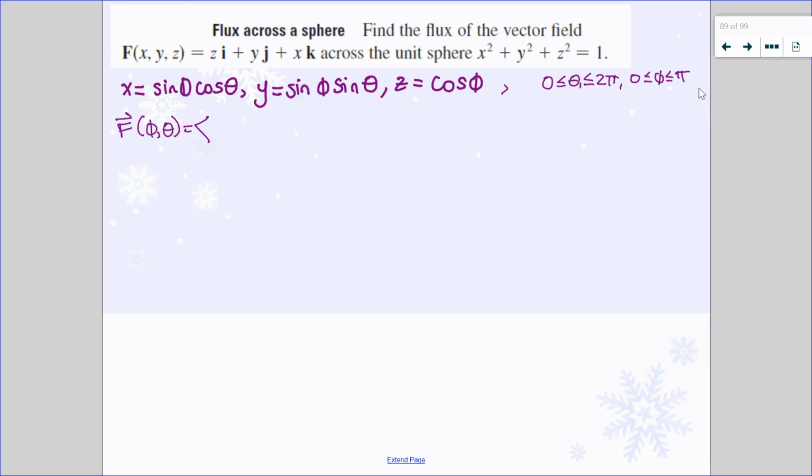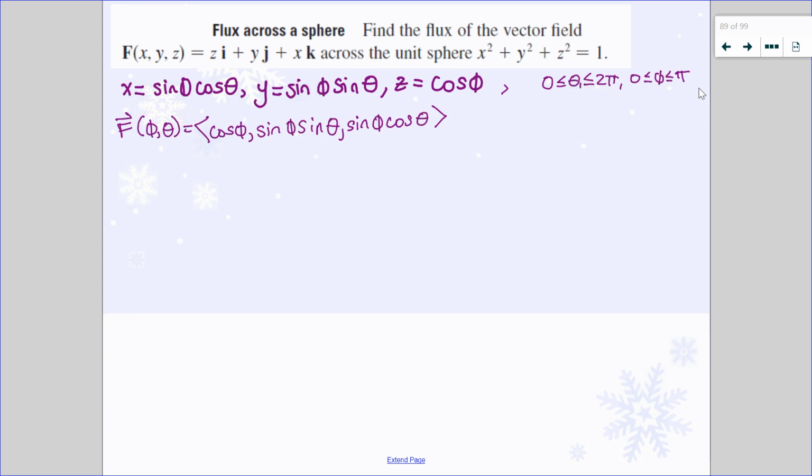So it starts with z, and then goes to y, and then goes to x. So that is our vector field parameterized with the parameters we chose, which are spherical coordinates.